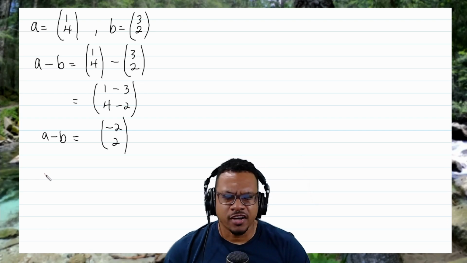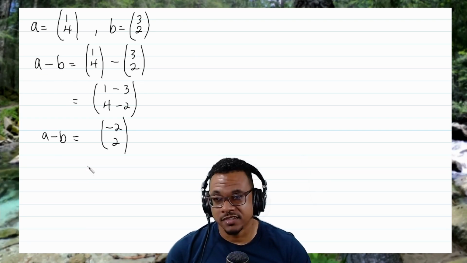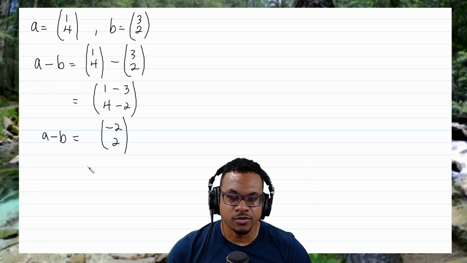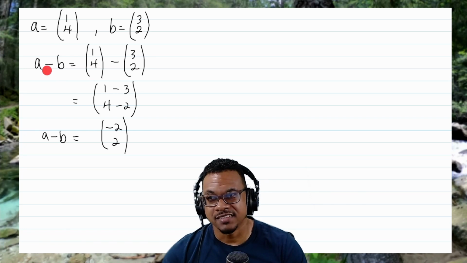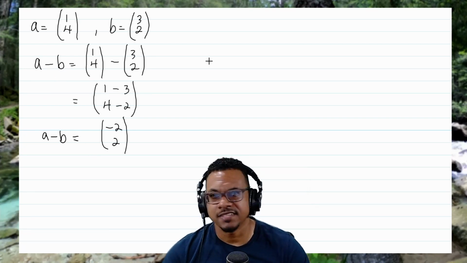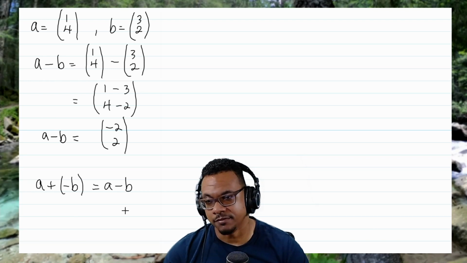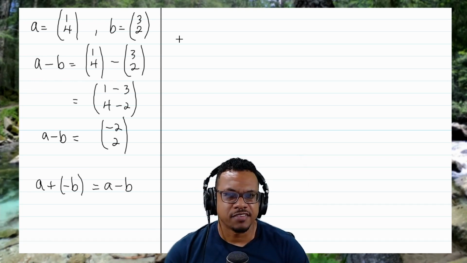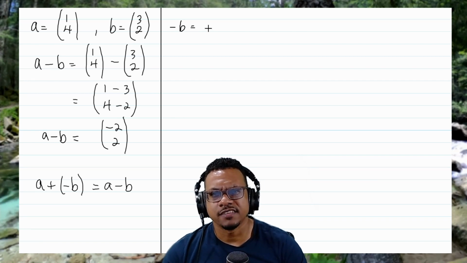Now when looking at the triangle law and the parallelogram law for the subtraction of vectors, basically the triangle law and the parallelogram law deal with adding vectors. Now here we have A take away B, but we can write this as the sum of two vectors by saying A plus negative B is equal to A take away B. So now let's look at what is the vector negative B. So negative B will be equal to the vector negative 1 times 3, 2.